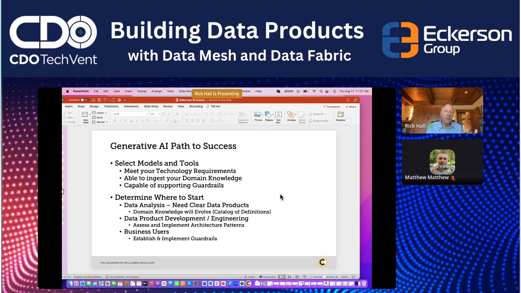On the other hand, if you don't feel like you have quality data available, then you need to go back and start with data product development and the engineering process of how you're going to get that data to a point where it's available. I think it was said in the earlier session, but these generative tools can actually do quite a bit in improving the development of that process.